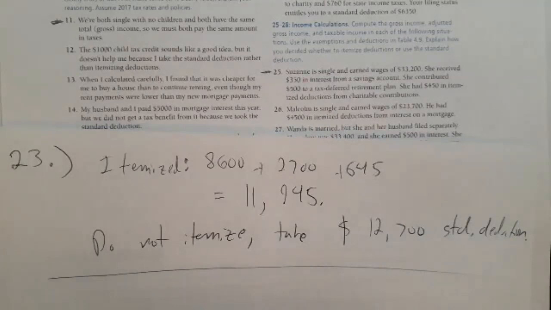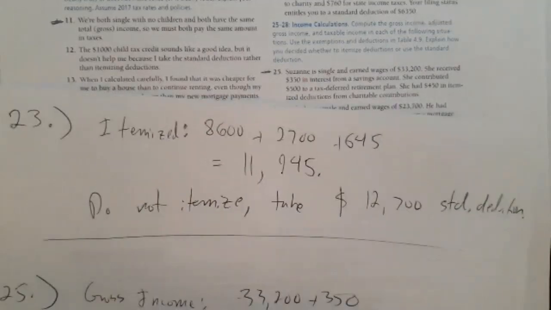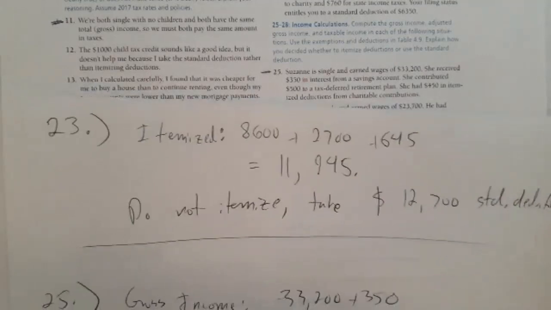So where's Richard? I believe he's next on the list. Yeah, I'm here. What was the question number? All right, 25. They want us to compute the gross income, adjusted gross income, and taxable income, and then explain why you did either itemized or standard deduction.